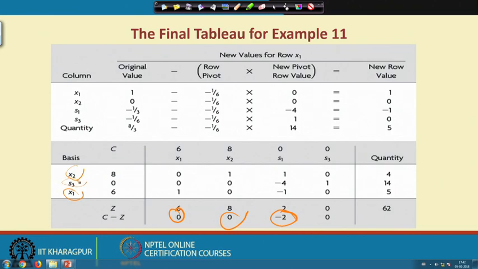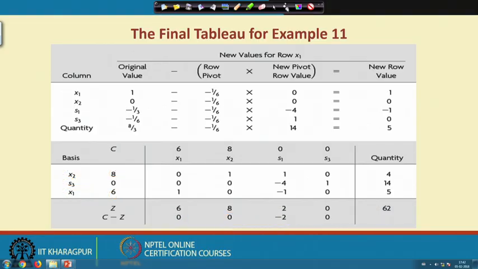In fact, the slack and surplus variable there is S3. As a result, x2 is equal to 4 and x1 is 5, and the corresponding objective function coefficients are 8 and 6. So the value of the objective function will be 8 into 4 plus 6 into 5, which comes to 62. We satisfy all the conditions and constraints, and this is the optimum solution for this particular LP model.